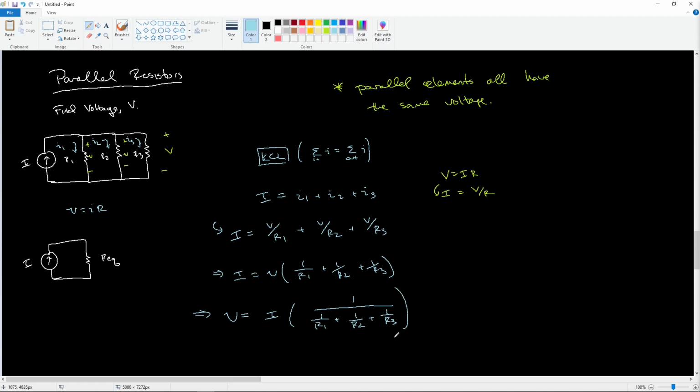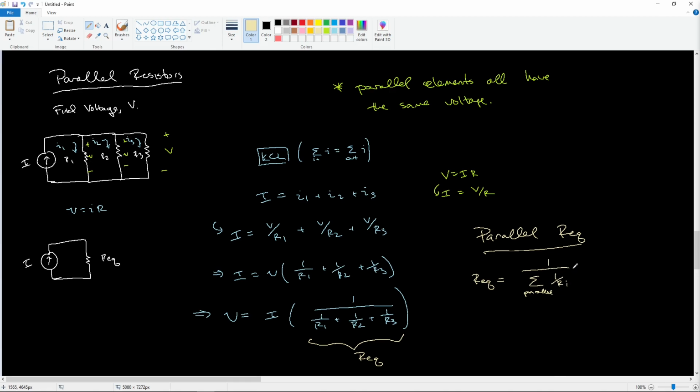Here, our equivalent resistance, as we identified before, REQ, is 1 over the sum of 1 over the resistances. So this is the way that we can find equivalent resistance for parallel: REQ is 1 over the sum of all of your parallel resistances, 1 over those.